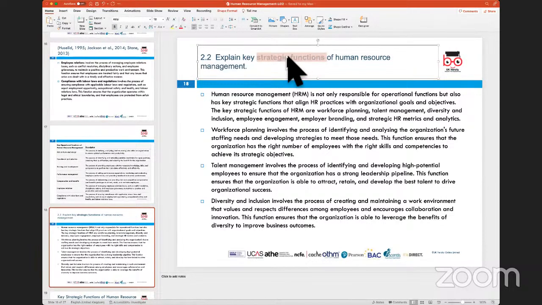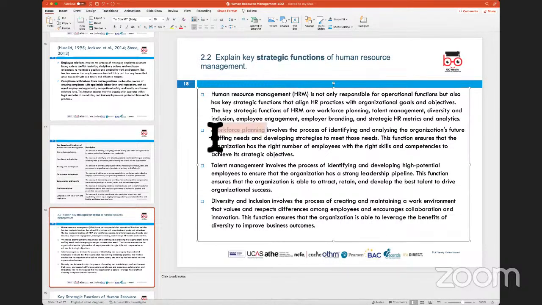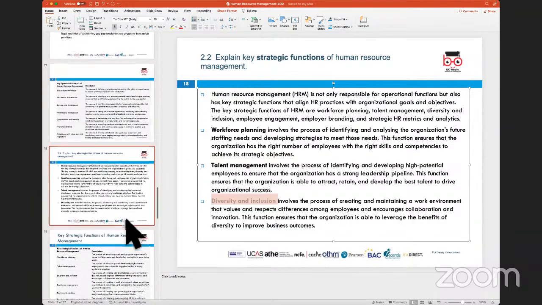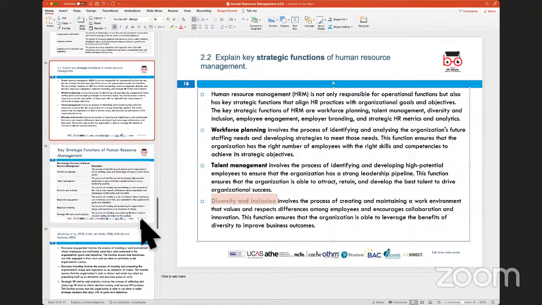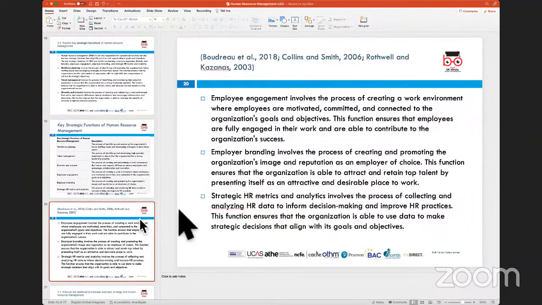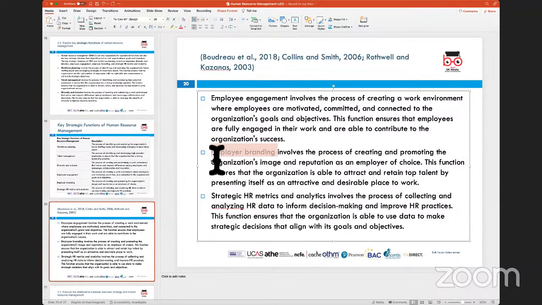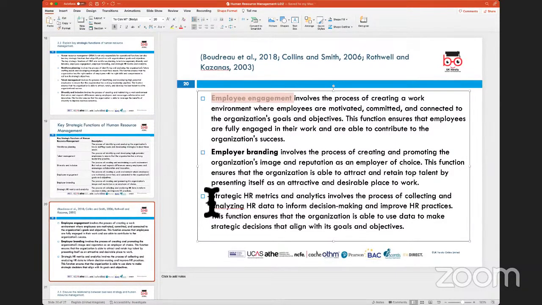The word operational has changed to strategic. So when we look at strategic functions of HR, we are going to be looking at areas such as workforce planning, talent management, and diversity and inclusion, which are essentially the strategic functions we would see from the point of view of HR.